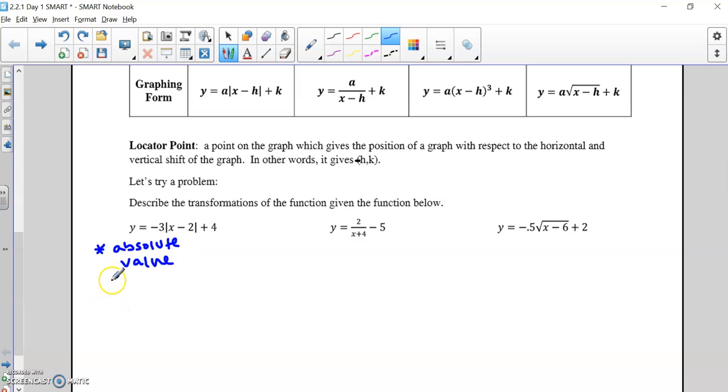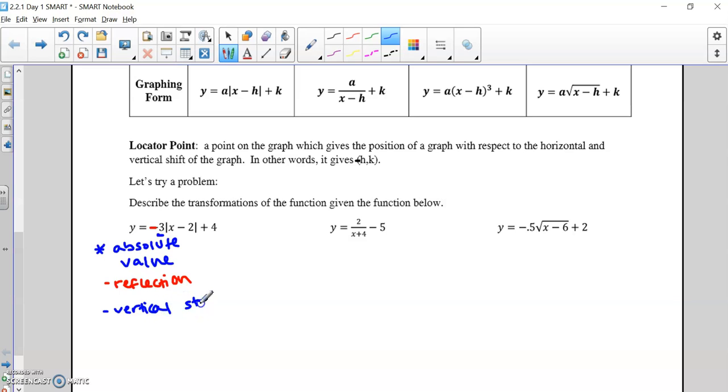Then we can start talking about the transformations that take place. This negative sign tells us that we have a reflection. This 3, I'll just underline it, this 3 is our vertical stretch factor.